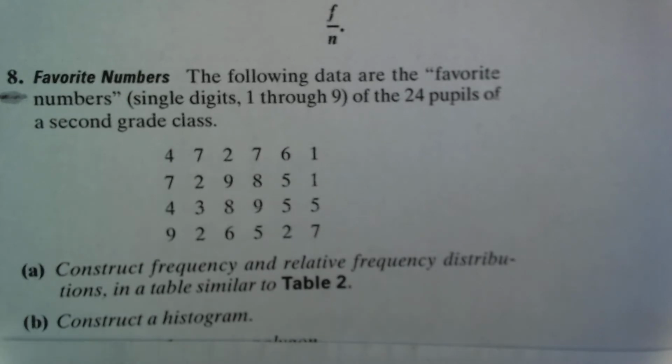Let's look at a very simple example. Favorite numbers. The following data are the favorite numbers, single digits 1 through 9, of the 24 pupils of a second grade class.